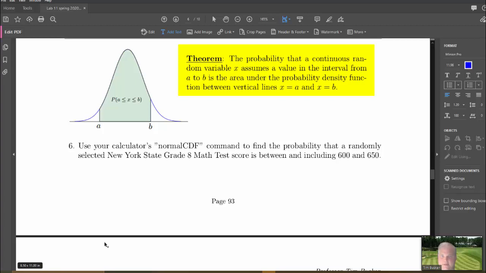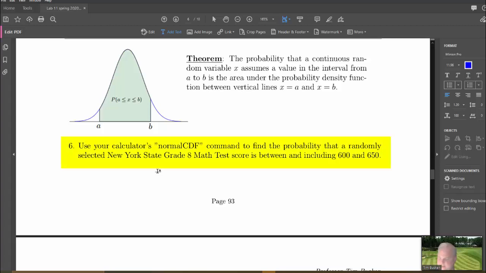The theorem tells us that the probability that x is between a and b, take a look at this image on the left, is found by finding the area underneath the normal curve between those two vertical lines at a and b. One easy, quick way to do this is to use the calculator's normal CDF command, and I'm going to show you how to do that right now.